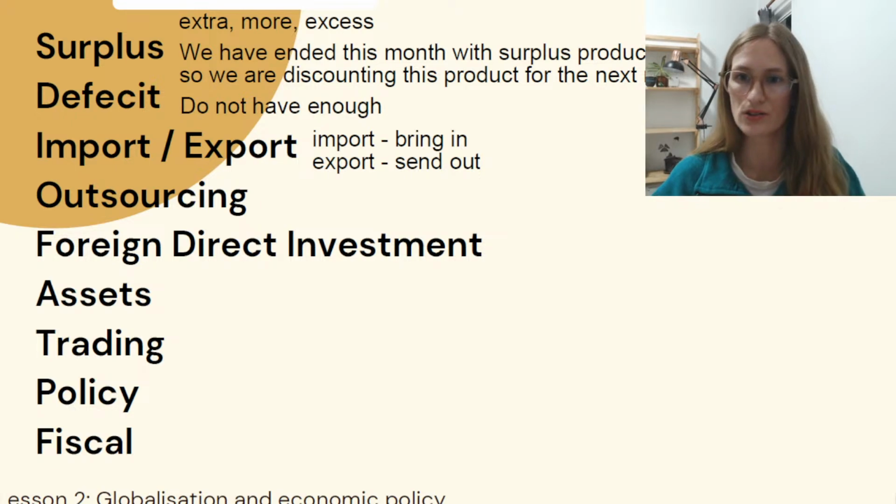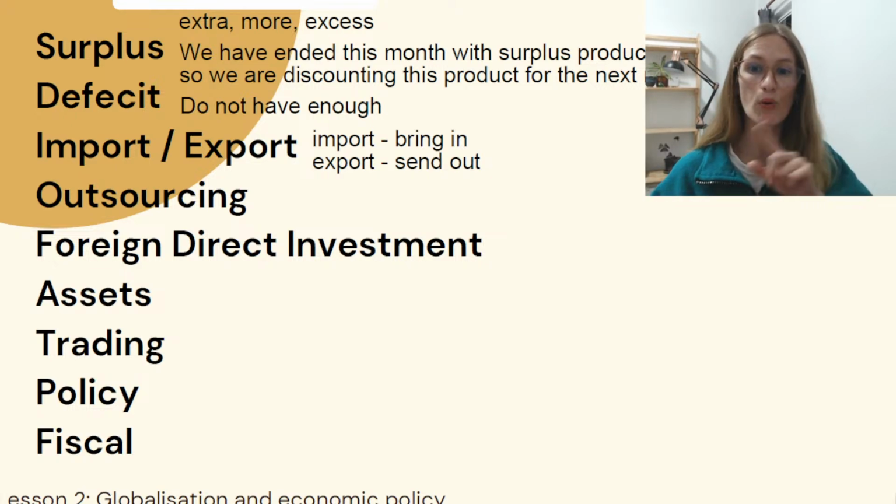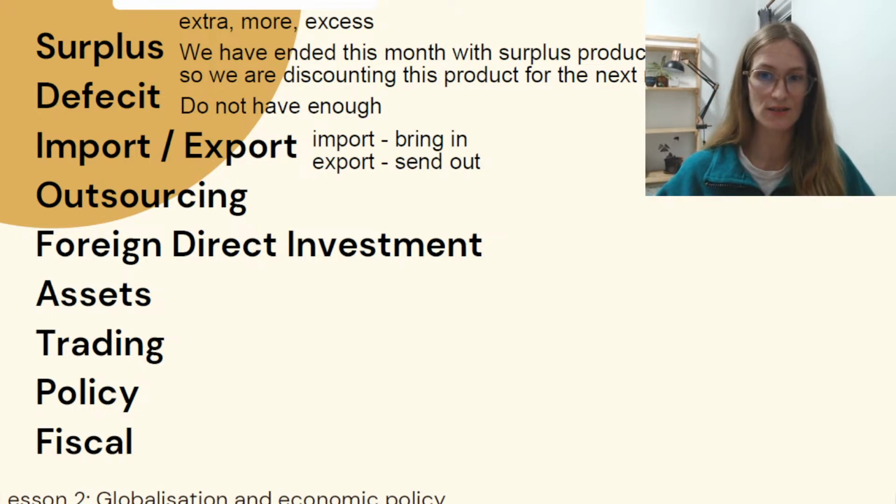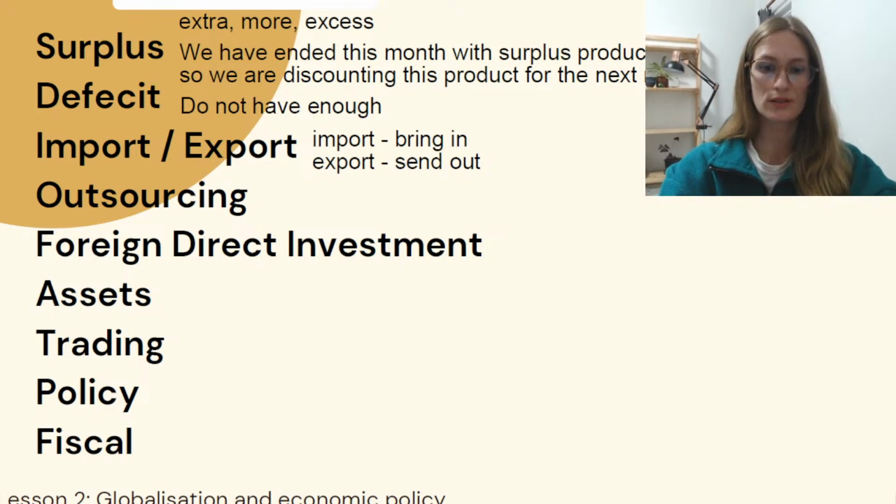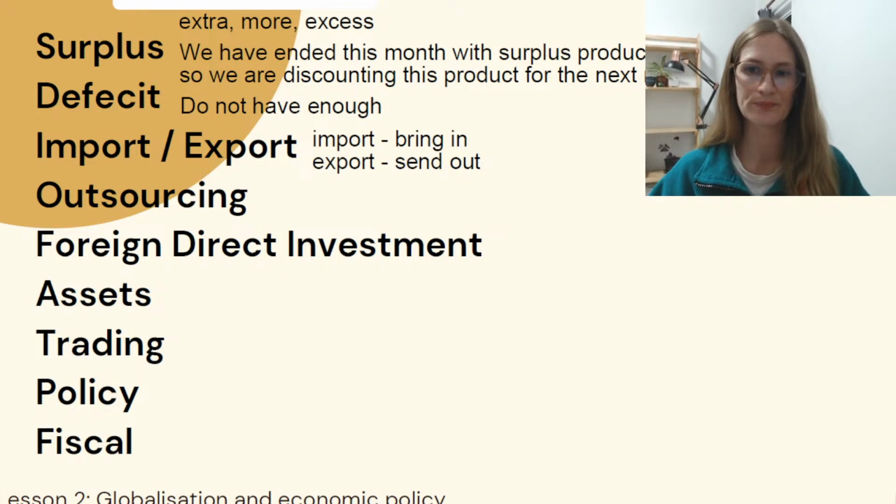What about your country? My country is relying on imported goods. Okay. Imported, okay, imported goods. Import is the action, so I import, but the goods are imported. The adjective is imported, okay?